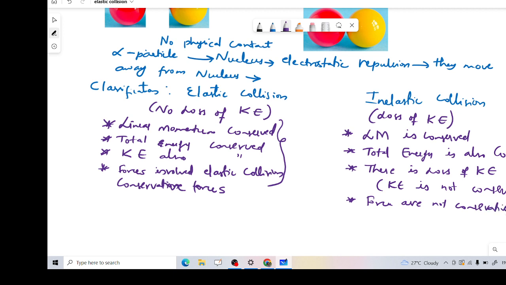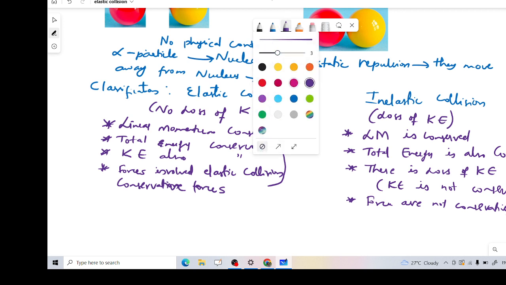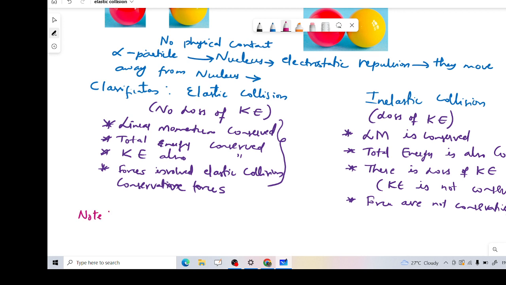While studying these things, the main important point is that whatever collision we are studying, we need to consider that the system must be isolated.